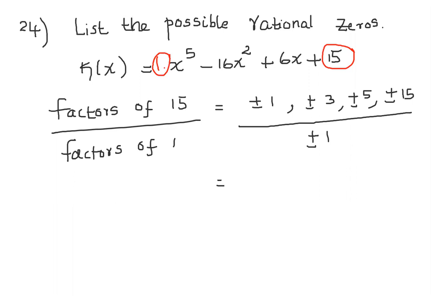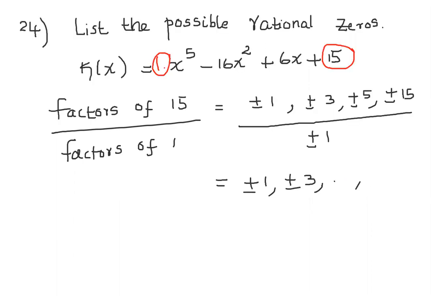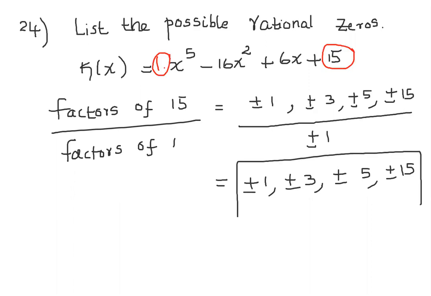So when we divide everything by 1, we get the numbers itself. So these are the possible rational zeros.